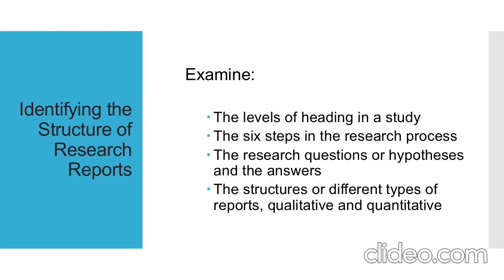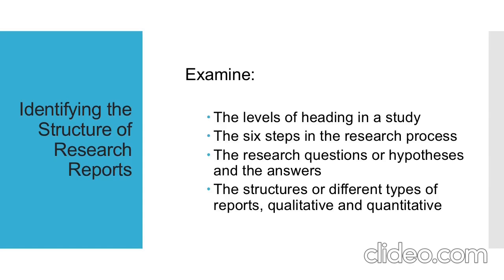Now, how to identify the structure of research report? To identify the underlying structure or physical structure of research report, you need to examine the different levels of headings. This is the easiest approach, and you can use the headings as road signs. Second, you look for the 6 steps in the research process, which are the research problem, literature, a purpose statement and questions or hypothesis, data collection, data analysis, and interpretation in the form of reporting.